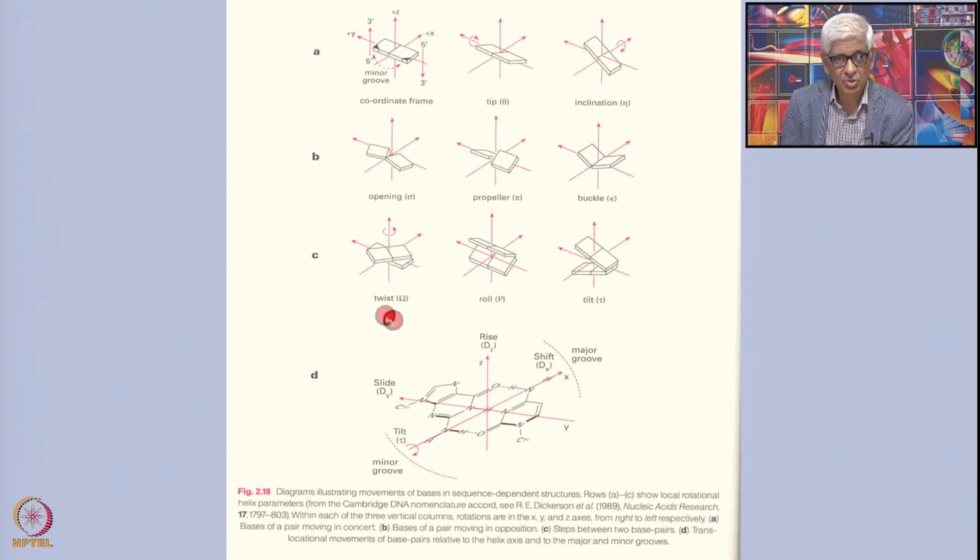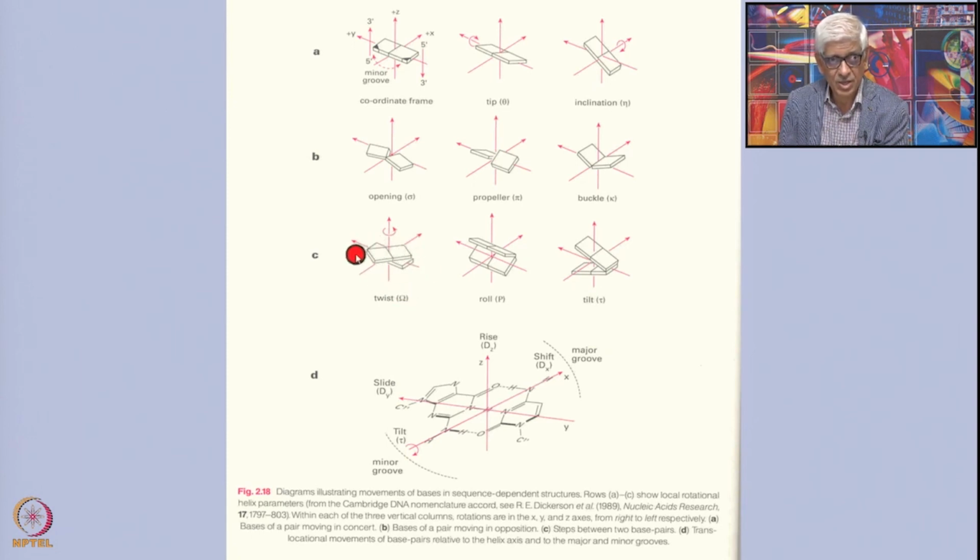Now, you can also describe the relative orientation of two consecutive base pairs. If you look at these two consecutive base pairs, a rotation around this particular axis will displace the two base pairs in this manner, okay.